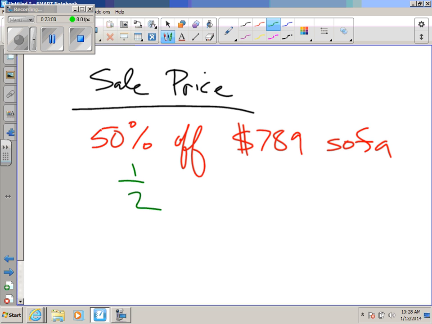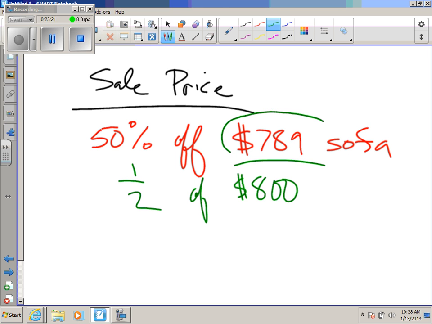Number closest to 789 that's going to make it really easy for us to cut in half would be what? How about 800? Once you get to this point with this large of an amount, well, then we're overestimating, which is fine. So half of 800 should be 400.